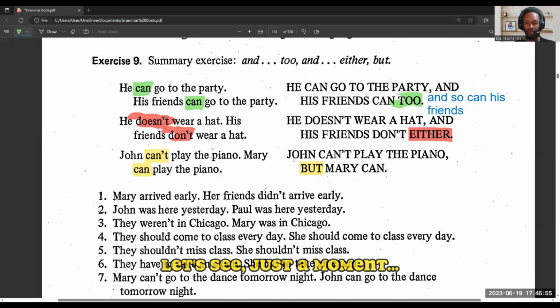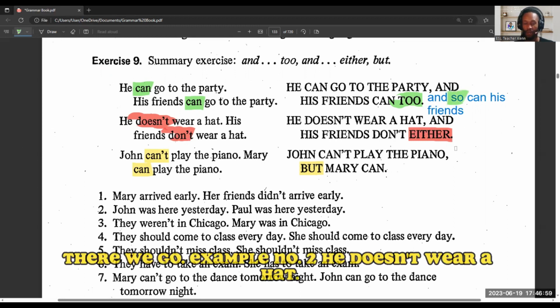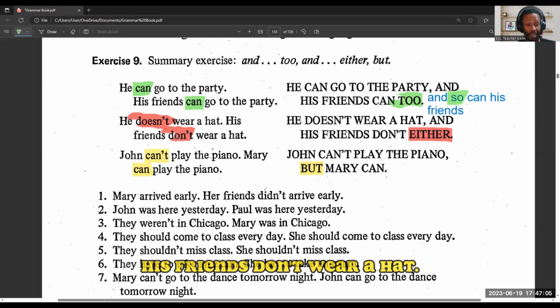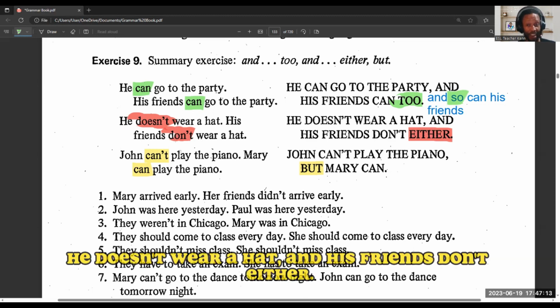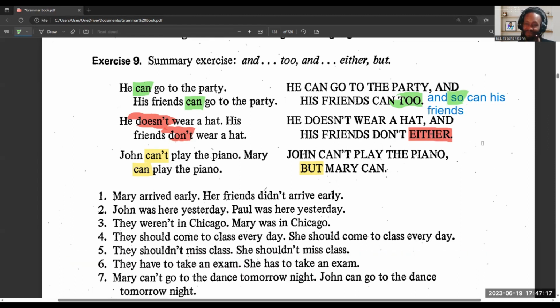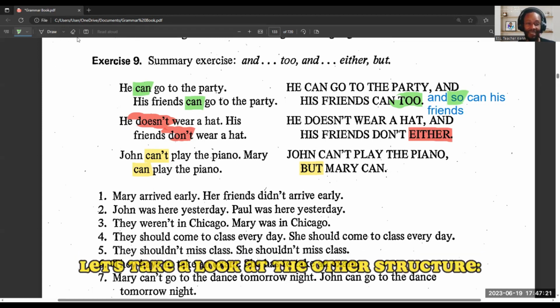Let's see, just a moment. There we go. Example number 2. He doesn't wear a hat. His friends don't wear a hat. He doesn't wear a hat, and his friends don't either. Let's take a look at the other structure.